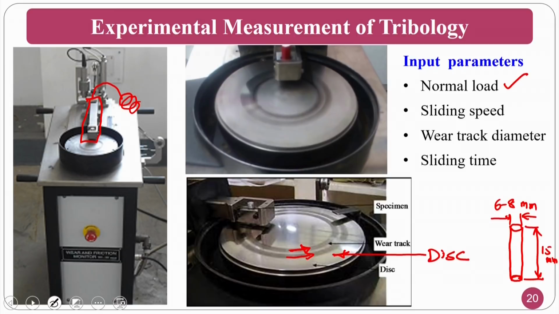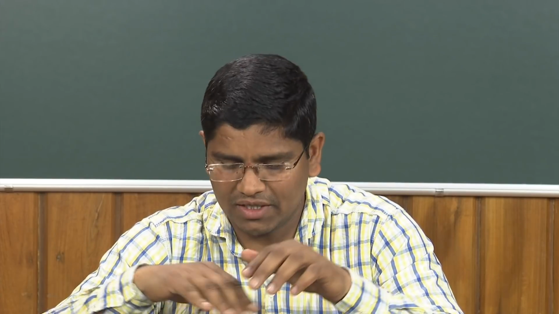Okay, this holds good for 2D abrasion. Why? Because you have HSS, which is a solid material, and at the same time you have a workpiece material, mild steel, and you are testing it. Okay, there is very little chance of particle formation between these two mating surfaces. That's why this is 2D abrasion.